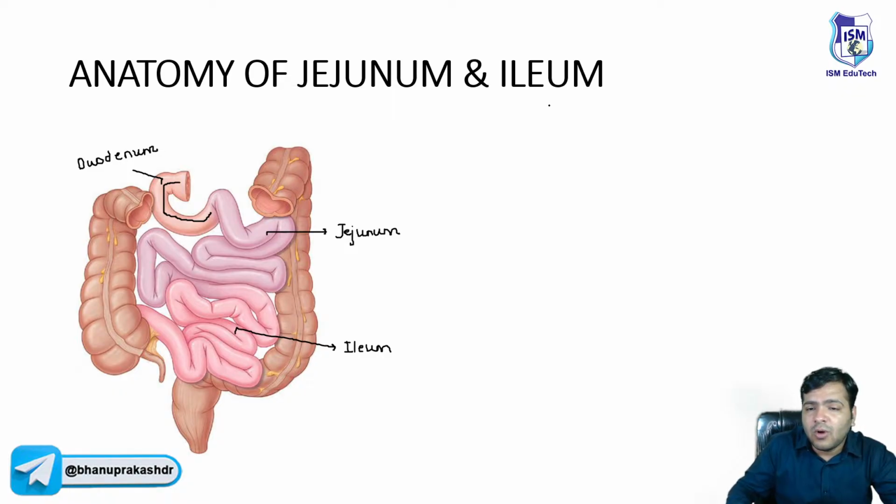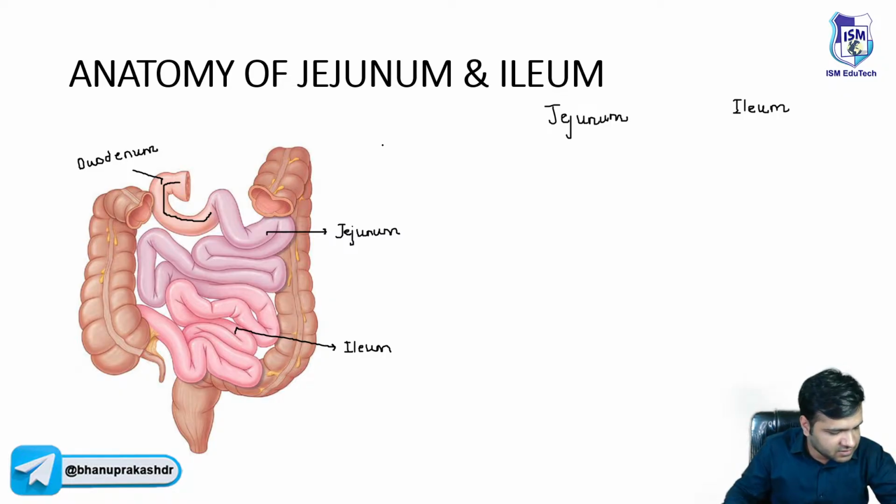Now, what I want you people to do is to create a table, and we will tabulate the difference between the jejunum and the ileum on the basis of certain characteristics. The very first one, beta, is the location.